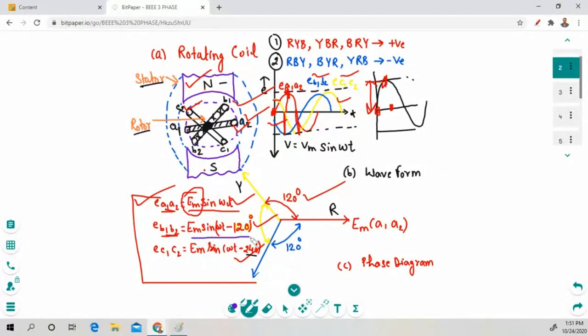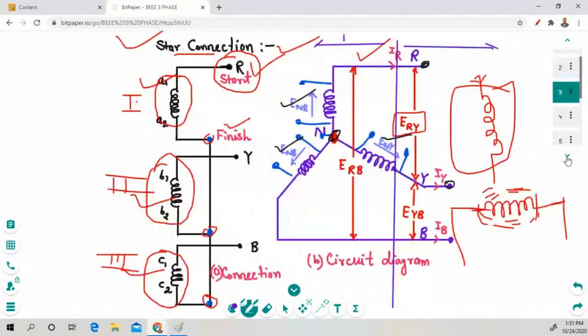So a 120 degree phase difference is produced. In the second we have Em sine of omega t minus 120, and in the third phase omega t minus 240. Have you understood how we have generated these phases?